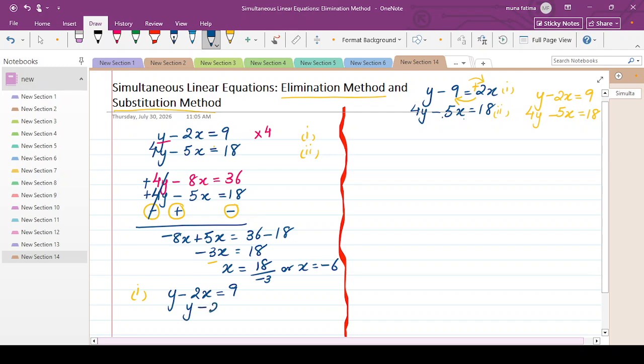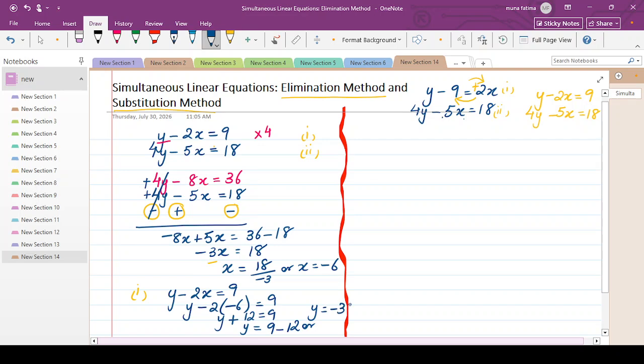Now the value of x is minus 6, substituted. This becomes minus and minus gives you a plus, 6 to the 12 is equal to 9. Take the 12 to the other side, it becomes 9 minus 12, or y is equal to minus 3.